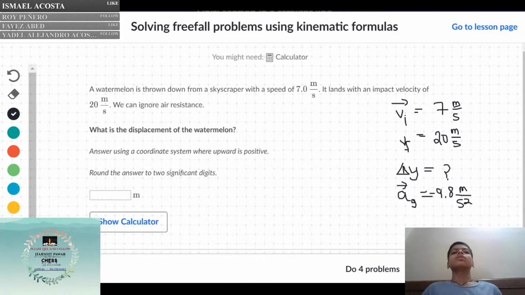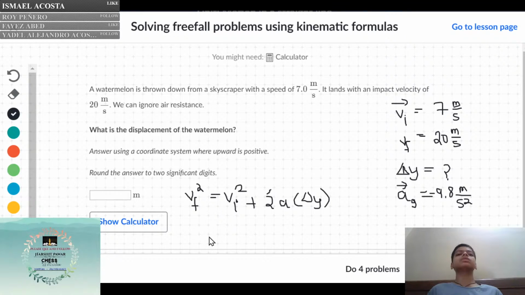Final velocity squared is equal to initial velocity squared plus 2 times acceleration times change in y, or change in x if it is a horizontal change.